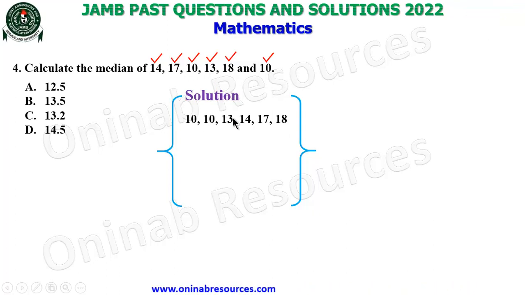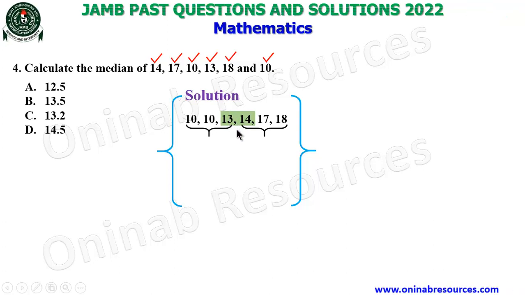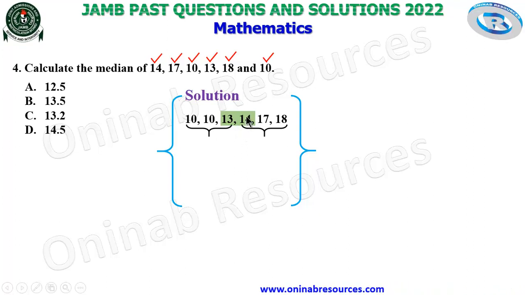So if you divide these into 2, we group them into 2, we discover that these two numbers are in the middle, since we are looking for the median. So after arranging it in ascending order or descending order, we pick the middle number.